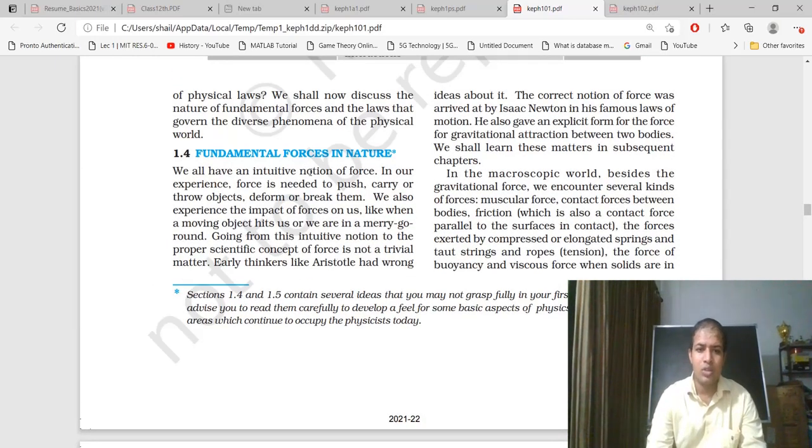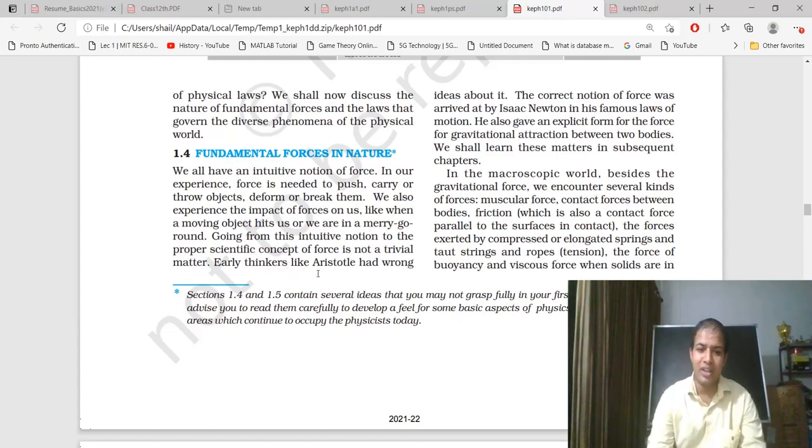We all have an intuitive notion of force in our experience. Force is needed to push, carry, or throw objects, deform, or break them. We also experience the impact of forces on us, like when a moving object hits us, or we are in a merry-go-round. Going from intuitive notion to the proper scientific concept of force is not a trivial matter.